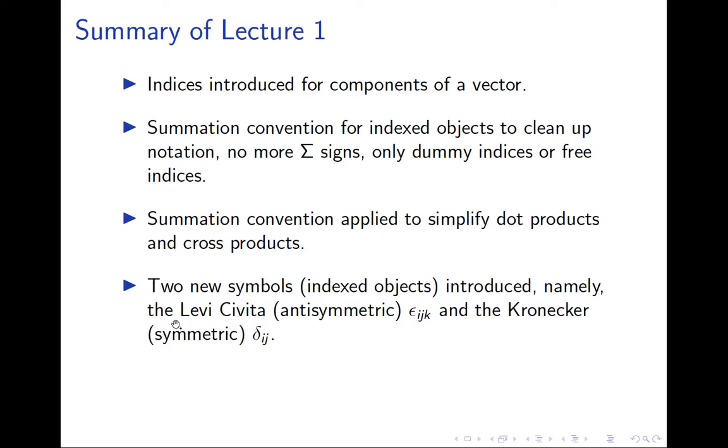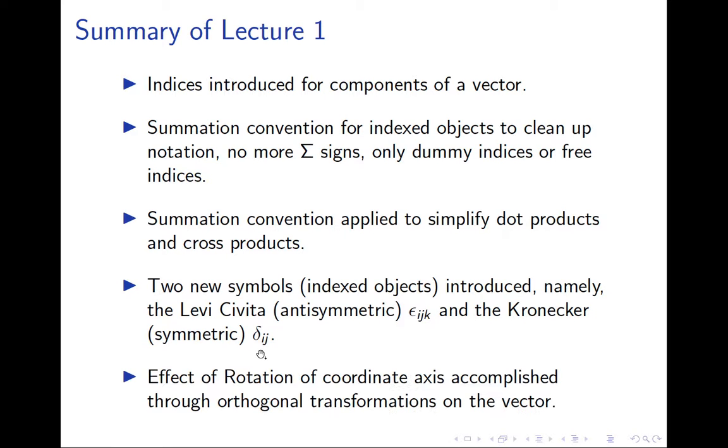More importantly, we introduced 2 new symbols. While defining the cross product, we introduced the Levi-Civita antisymmetric symbol epsilon ijk, which is completely antisymmetric. And then we defined the Kronecker delta, which is symmetric in its components i and j, so this is delta ij. Finally, we reviewed how rotation of coordinate axes is accomplished through orthogonal transformations on the position vector, not just any average vector.